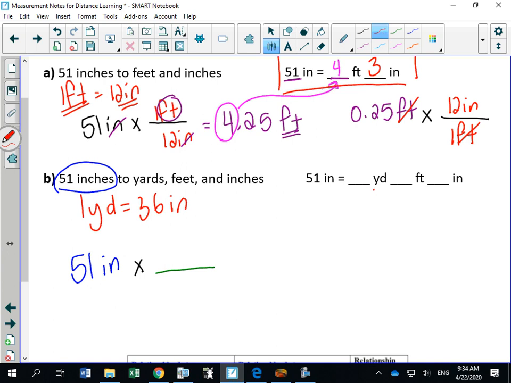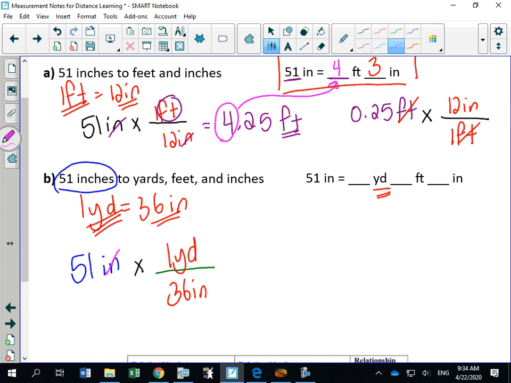What I want goes on top. I want yards. 1 yard goes on top, 36 inches go on the bottom. For these types of questions, you will always get decimal answers. For these where they want it converted into different units, you're always going to start with a decimal. So this would be 51 divided by 36.